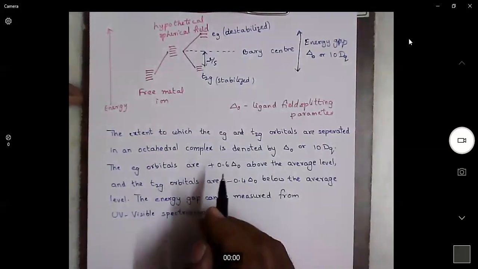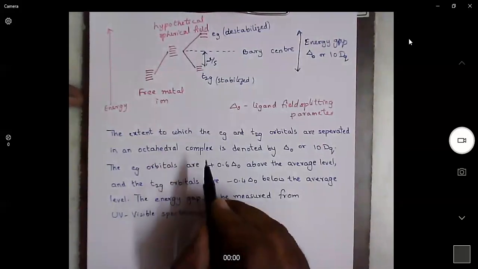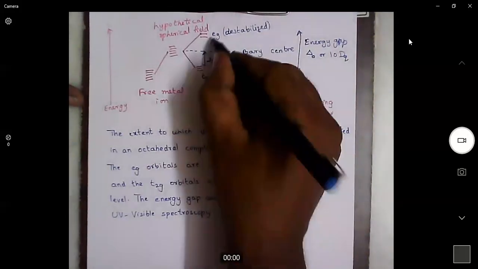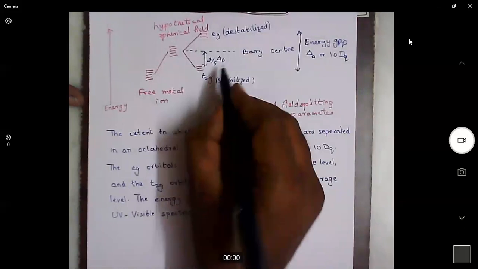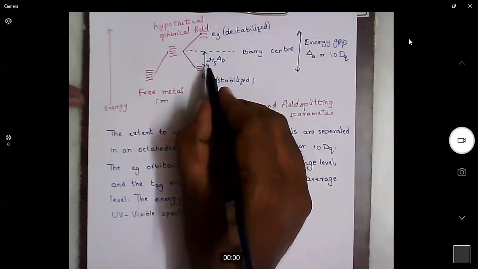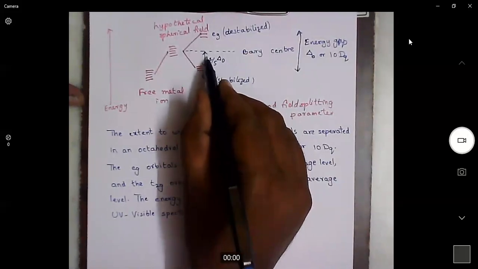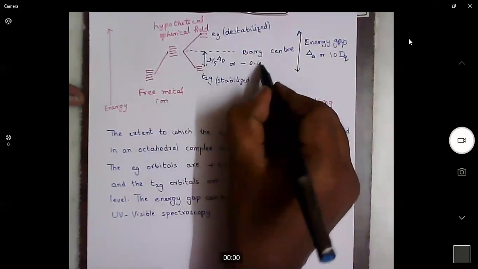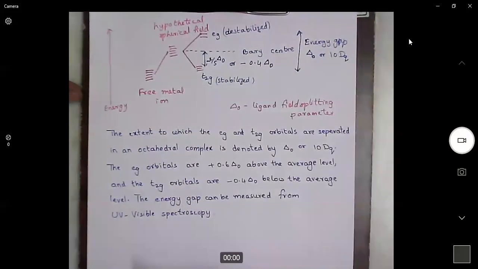If you don't say stabilized, they are stabilized by 2 by 5 delta naught. Total value is delta naught. If you don't want to say stabilized or destabilized, you just add a minus sign. Minus sign represents decrease in energy, or simply minus 0.4 delta naught.